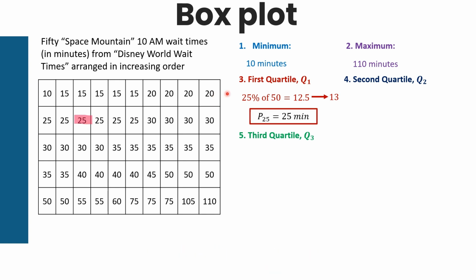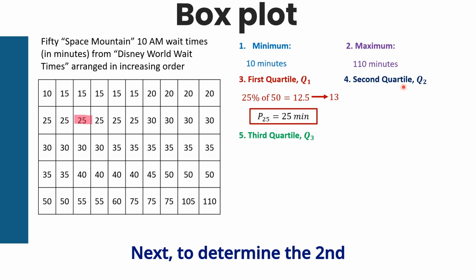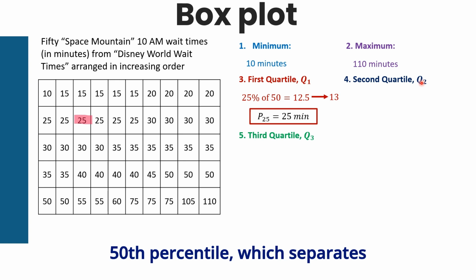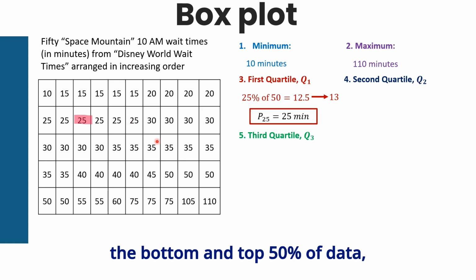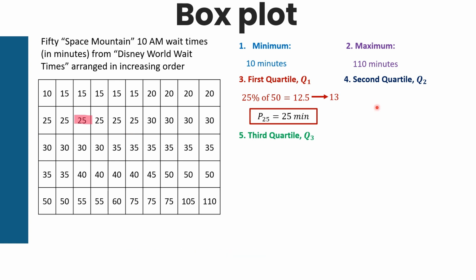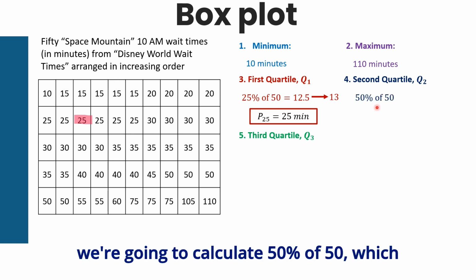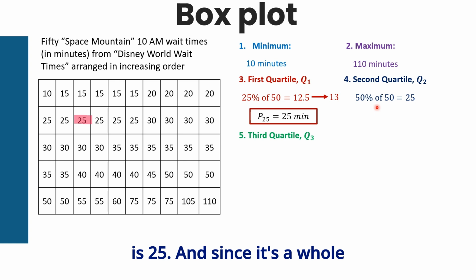Next, to determine the second quartile, or the median, or the 50th percentile, which separates the bottom and top 50% of data, we calculate 50% of 50, which is 25. Since it's a whole number, we average the 25th and 26th value from our table.